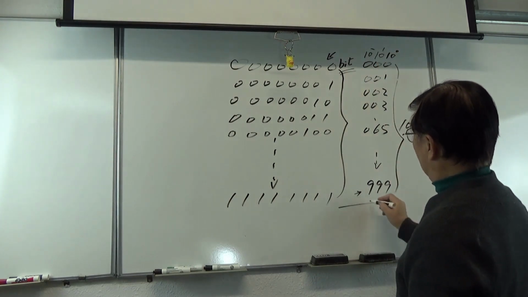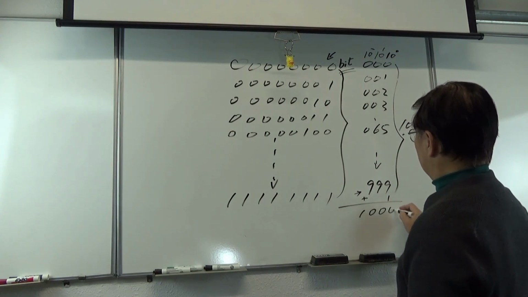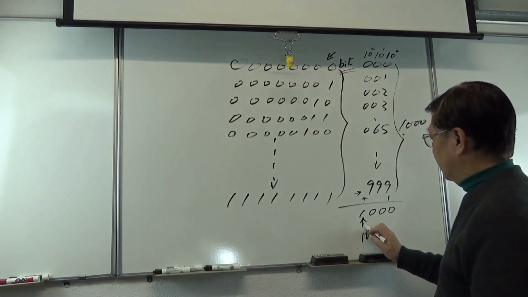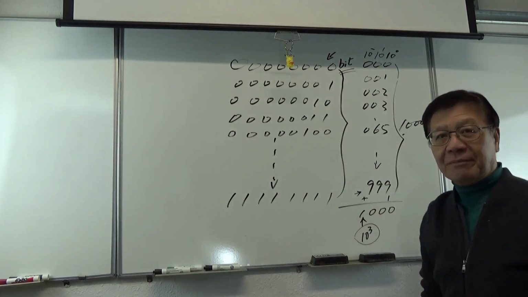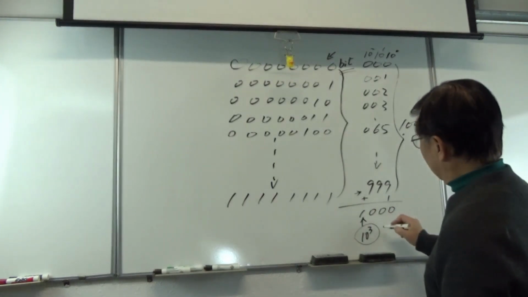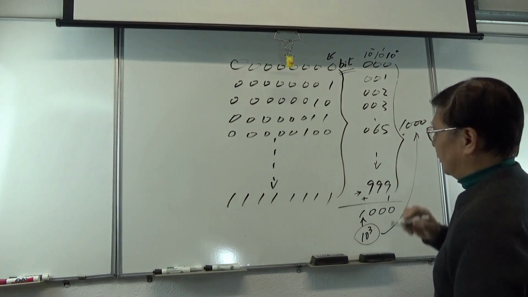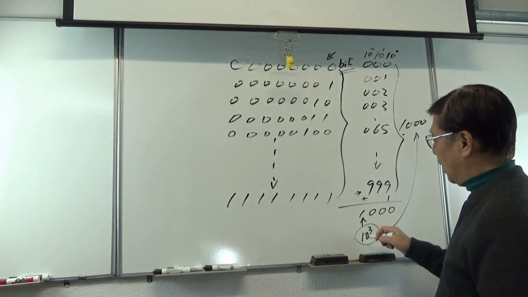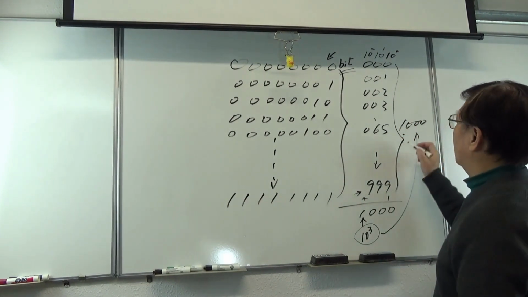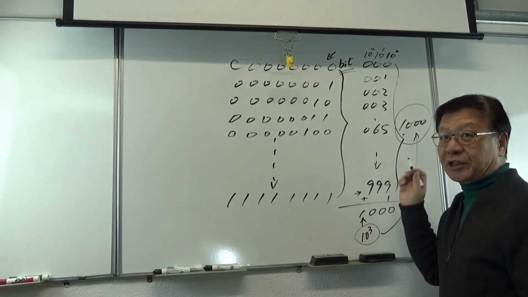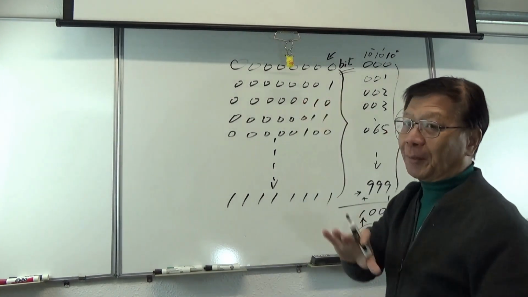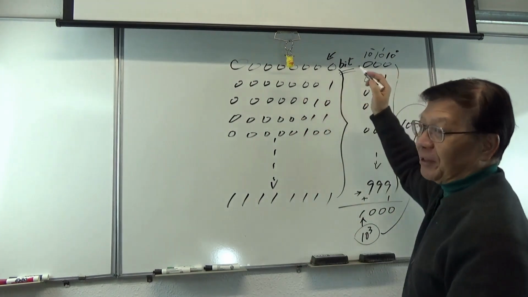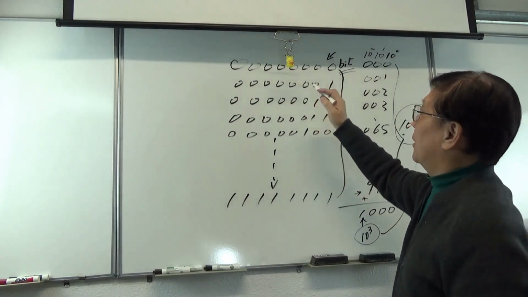So 999 plus 1 equals 1000, that means this digit is 10 to the 3, cubed. So in order to calculate how many numbers within 3 digits, we use 10 to the 3, and we got a result of 1000. We use the same way and apply it to the binary system. Because the 10 base is decimal, right?